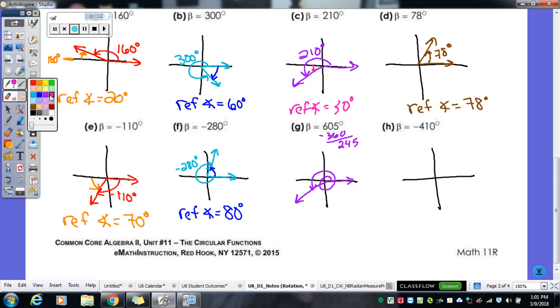Even though it wraps around once, that doesn't matter. Your reference angle is still this little acute angle going from the x-axis to where that terminal ray is. So you could do 245 minus 180. So our reference angle is 65.